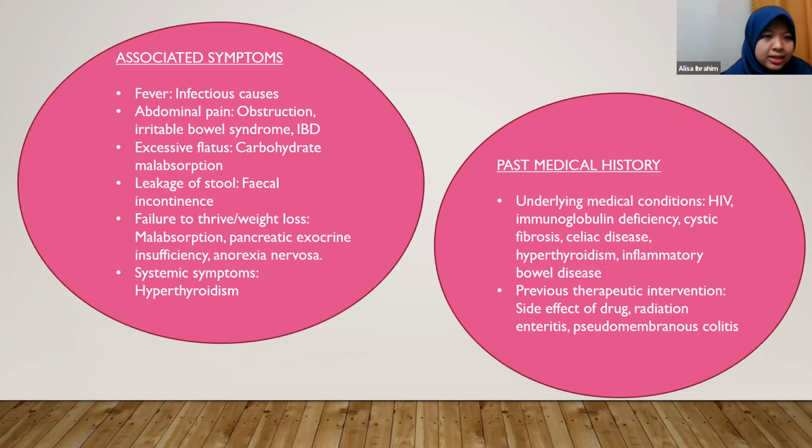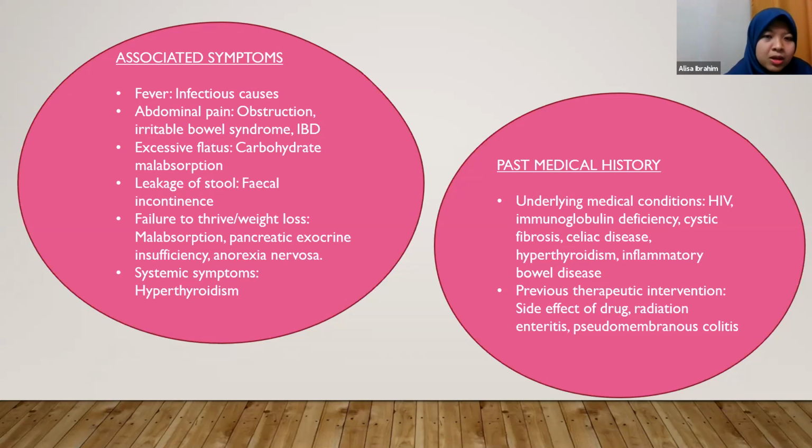When there is excessive lactose, it occurs due to carbohydrate malabsorption. Leakage of stool occurs due to fecal incontinence, and if the patient experiences failure to thrive or weight loss, it occurs due to malabsorption, pancreatic exocrine insufficiency, or anorexia nervosa. We also need to ask about systemic symptoms to rule out hypothyroidism and scleroderma.